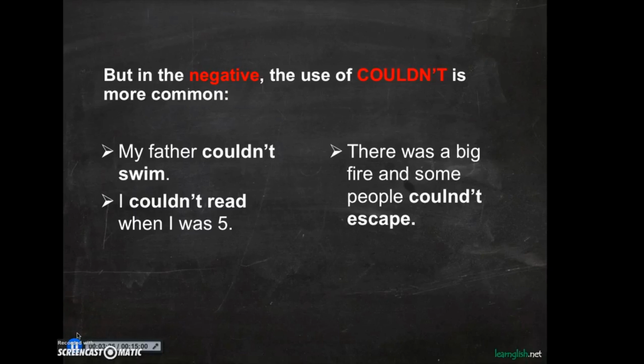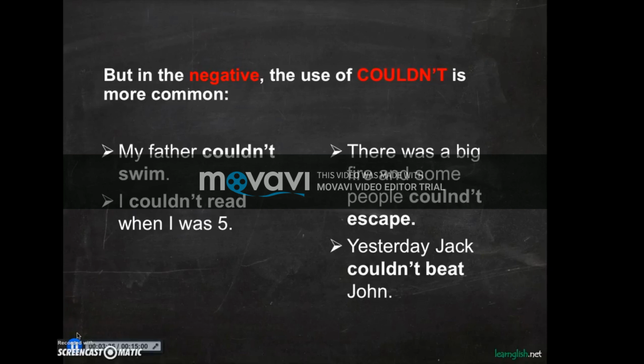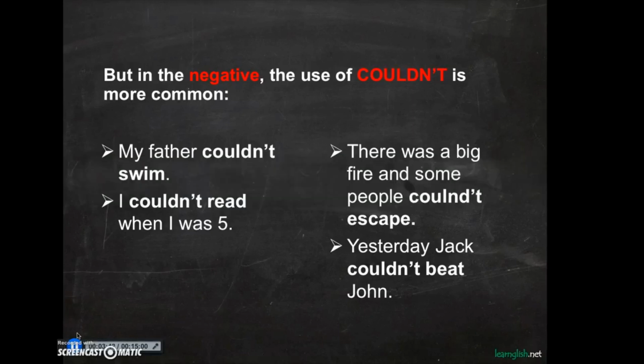So when we're speaking about the negative ability or negative situations, we prefer to use couldn't and not was able to or wasn't able to. The same happens with this situation. Yesterday, Jack couldn't beat John because it's in the negative, so it's more common to use couldn't.